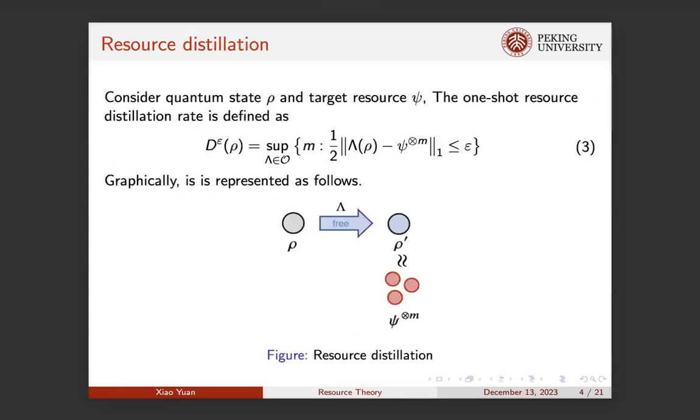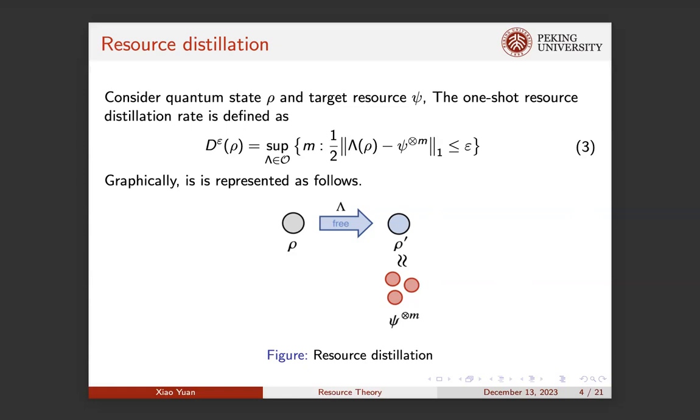So let's first review the definition of resource distillation. Here we have some quantum state called rho, and we have some target resource state called psi. A single-shot resource distillation is defined by applying some free operation to rho, and we want it to be as close to the maximum resource as possible.